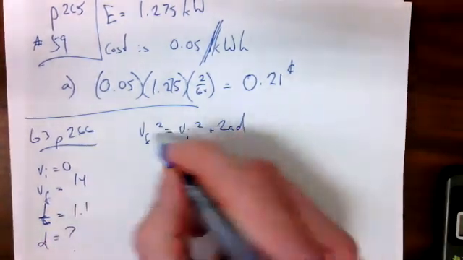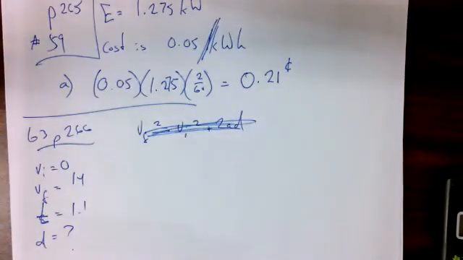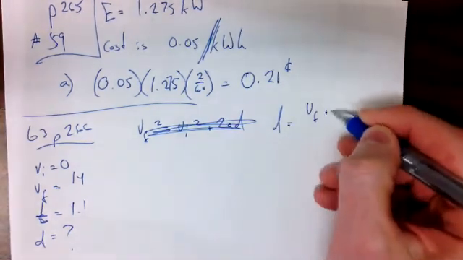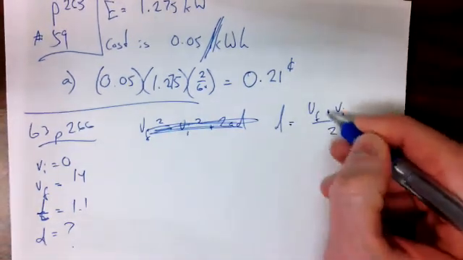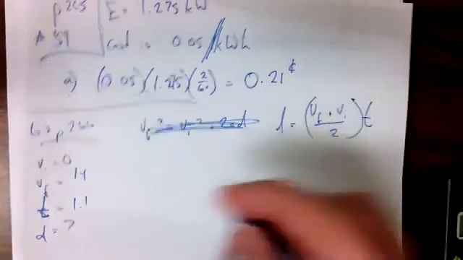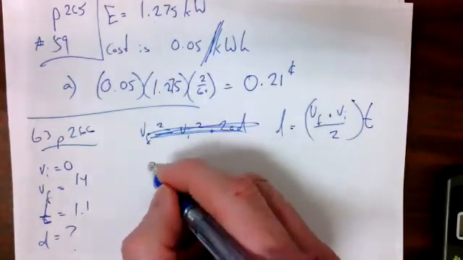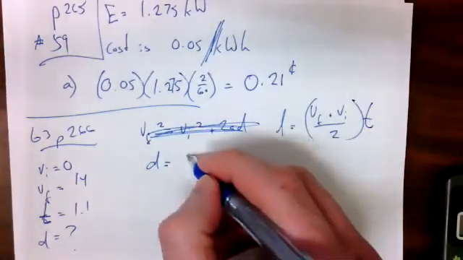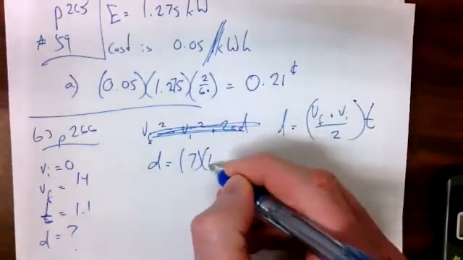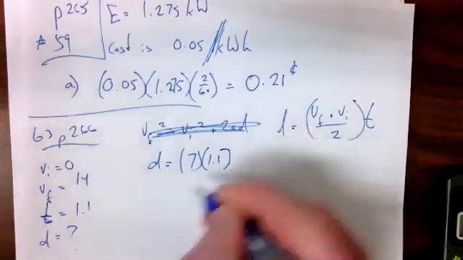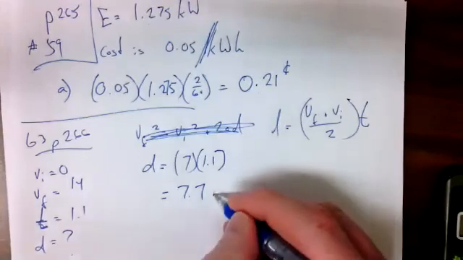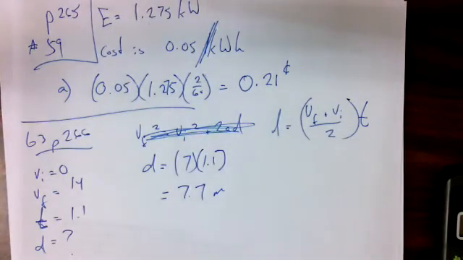That's time, that's not the acceleration. Let's go back to the drawing board. D equals VF plus VI over 2 times time. I read that wrong. So D equals 14 over 2, which is 7, times 1.1. So the displacement, the distance it would need, is 7.7 meters.